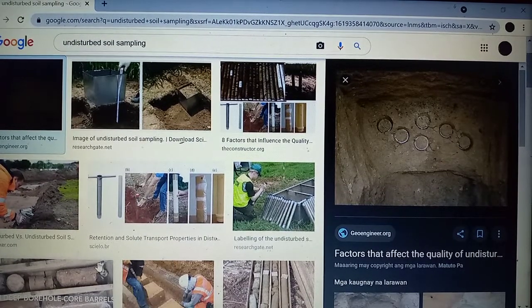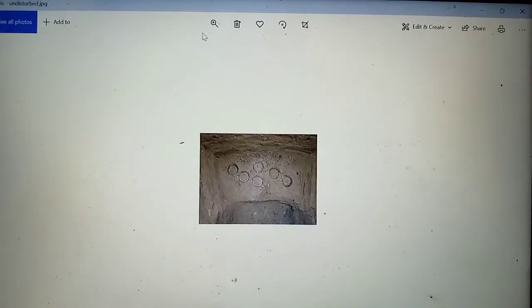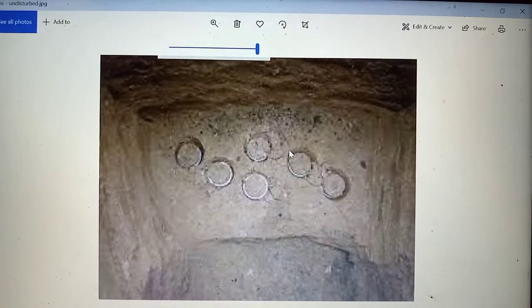Yan yung undisturbed natin. So, pag kumuha ka ng sample, multi-purpose yan. So, hindi lang to basta-basta yung pagkuha para buhusan mo ng semento o para gawin mong daan.